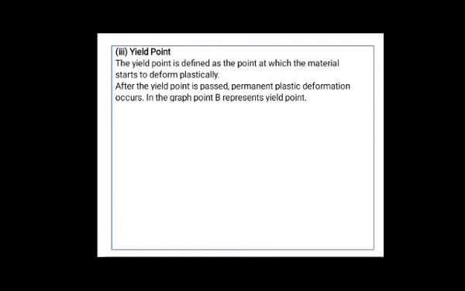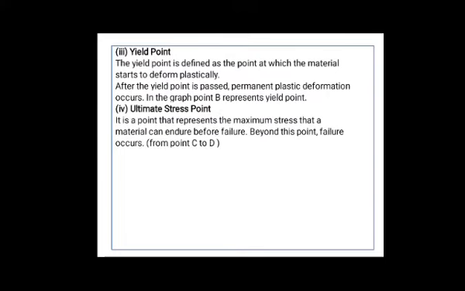Then yield point. Yield point is defined as the point at which the material starts to deform plastically. After the yield point is passed, permanent plastic deformation occurs. In the graph, point B represents the yield point. Then the ultimate stress point represents the maximum stress that a material can endure before failure.